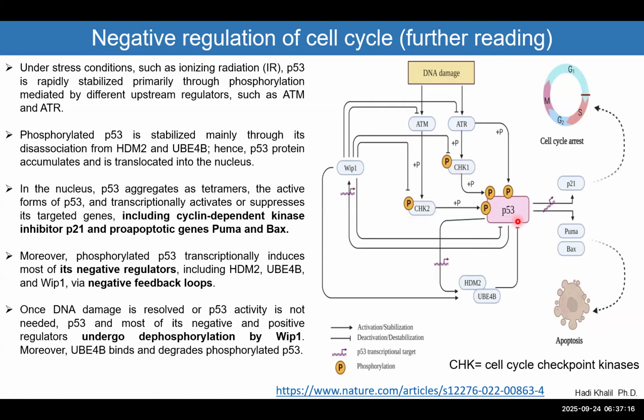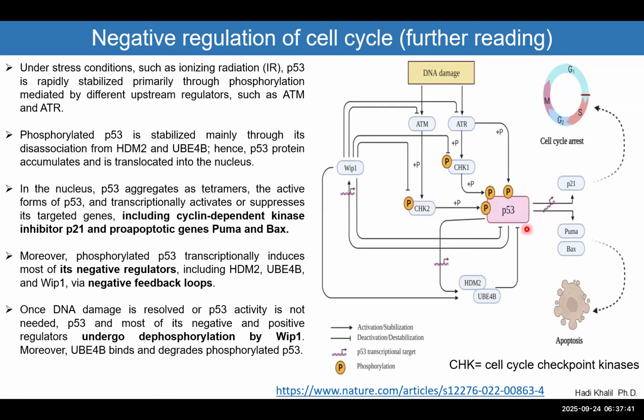Recall, P53 normally is not phosphorylated because it has to be degraded. But now there's the damage. The damage caused ATM and ATR to be active, caused the CHK1 and 2 to become active. Those, in turn, relay the signal to P53 to become phosphorylated, and therefore it's more stable.